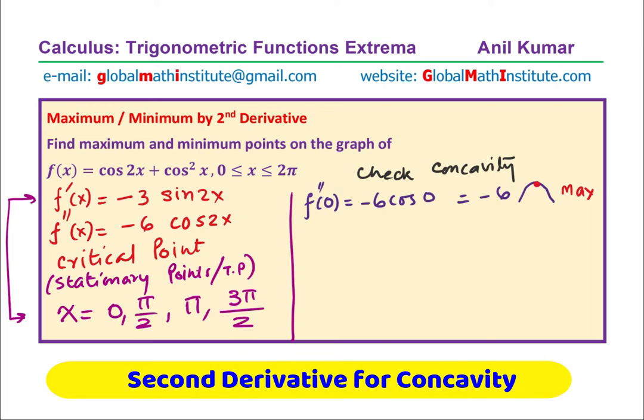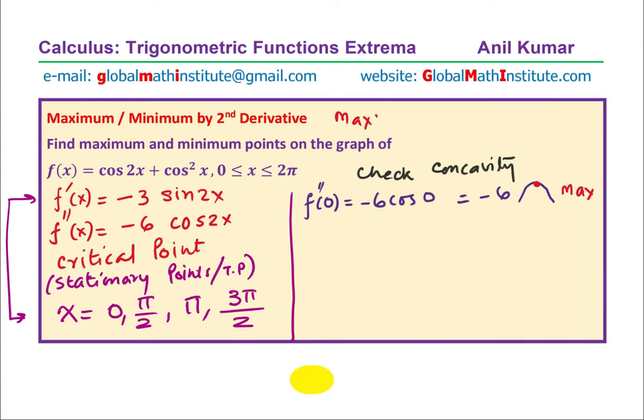Clear? So we find a maximum at 0. Now let's see the next point, which is pi by 2. The second derivative at pi by 2 is minus 6 cos of 2 times pi by 2.